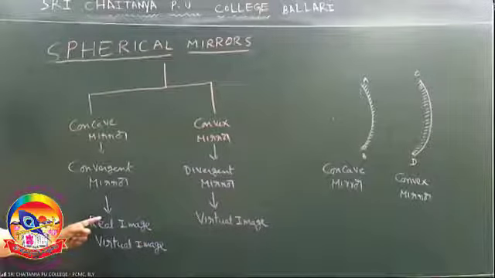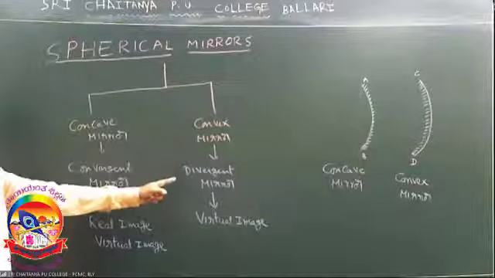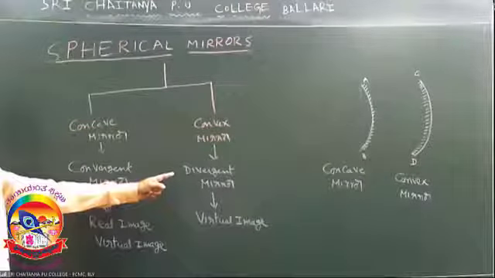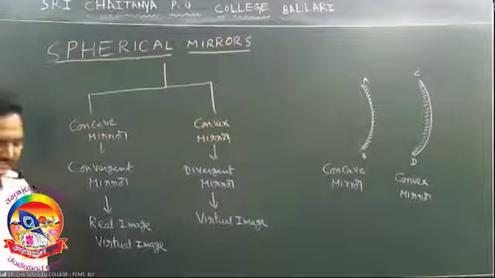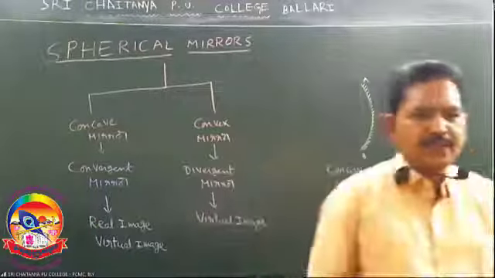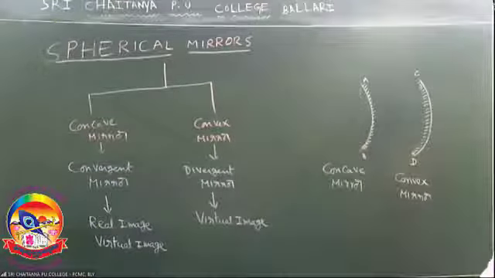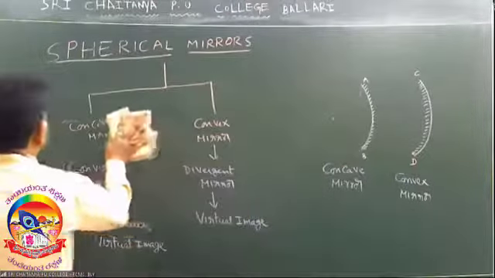We will discuss that later. In a convex mirror, the rays are divergent, and divergent rays always form a virtual image. So the convex mirror forms a virtual image.